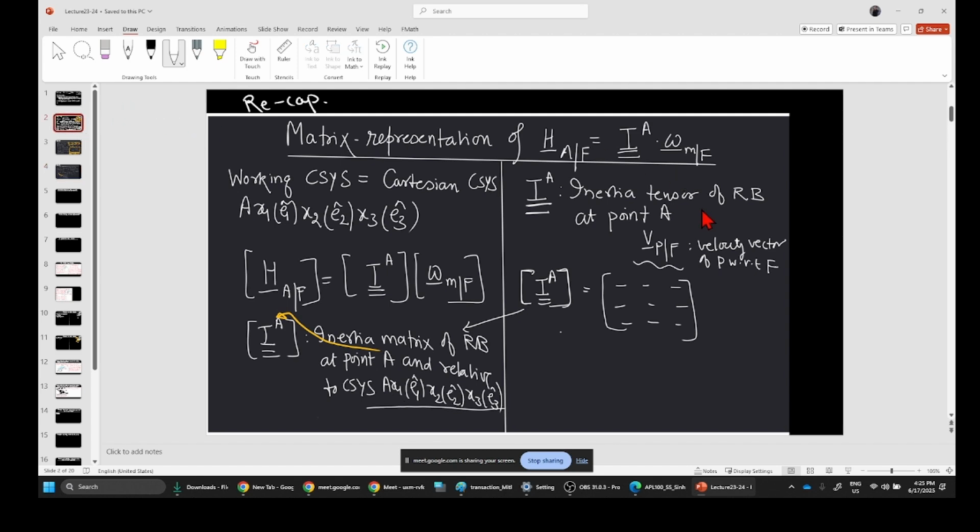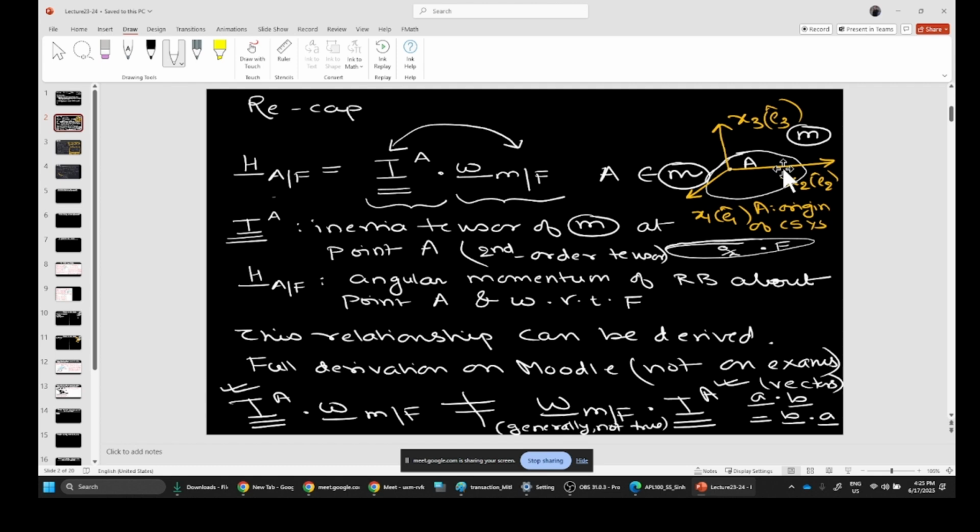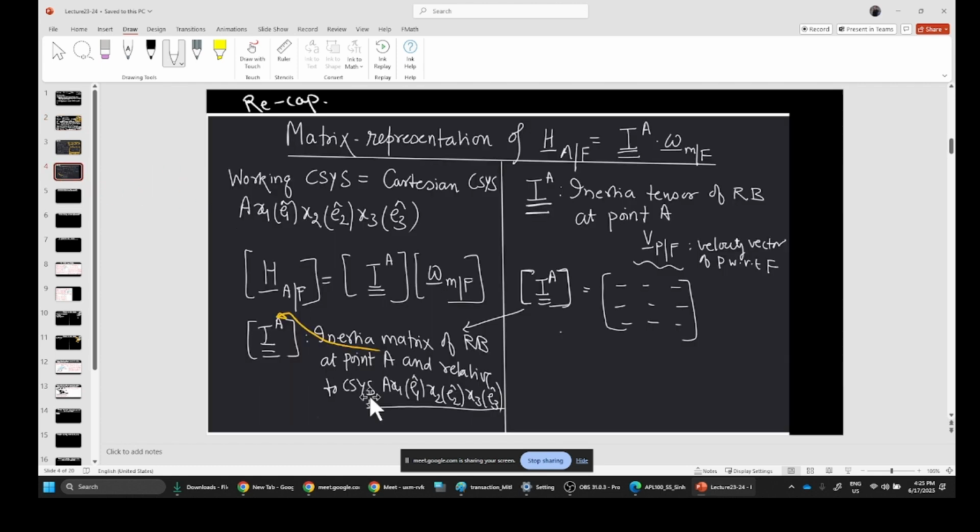That's the coordinate system I have here. Okay, so there are three things. Whenever you see a matrix like this, it is the inertia matrix of an RB, which should be clear from the context, at a point A and relative to the coordinate system given here.